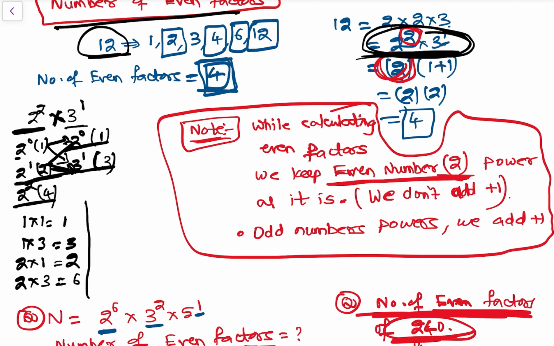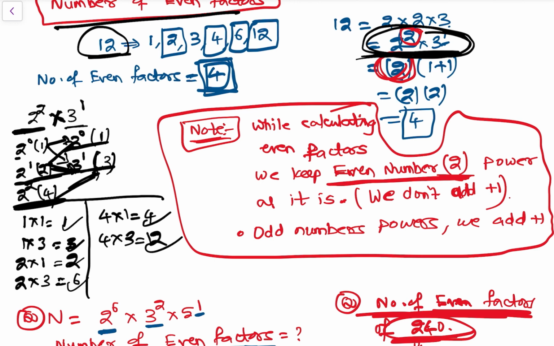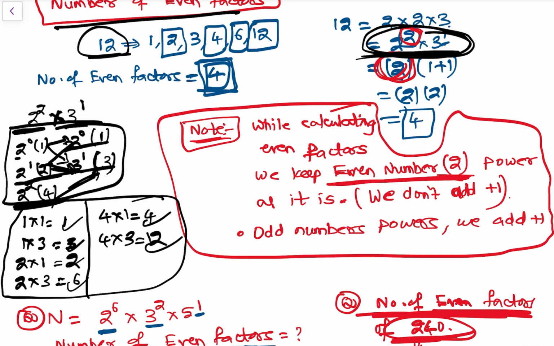Similarly then 2 square is 4, 4 into 1 is equal to 4, and 2 square that is 4, 4 into 3 is 12. So 1, 2, 3, 4, 5, 6. So all the possibilities of factors are these. Now the even factors, look here, what even factors are coming.